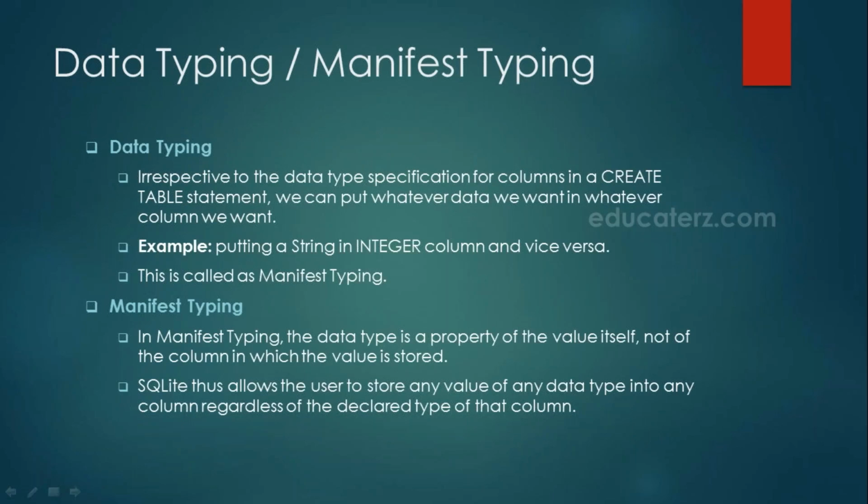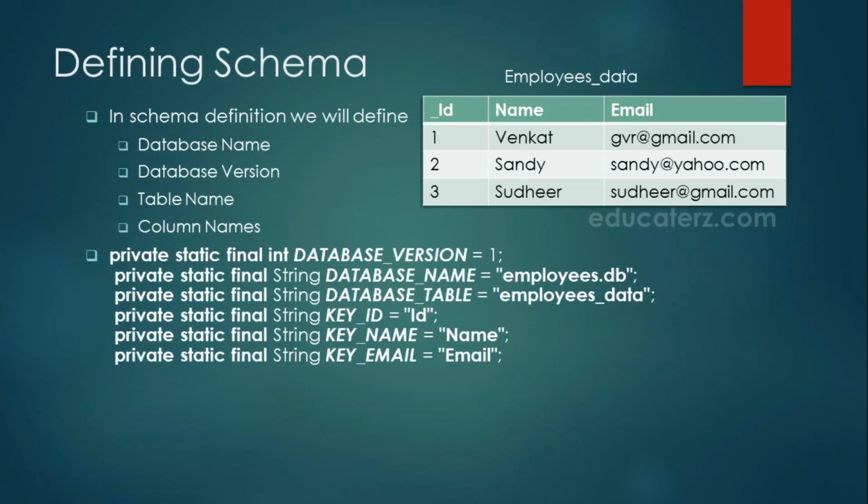Now let us see what the difference is between SQLite and SQL. The major difference is data typing. I hope all of you remember that creating a table statement in SQL is: create table name, and within the braces we write all the column IDs. Assume a small example here: ID, name, and phone number.